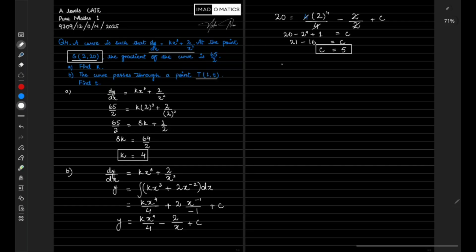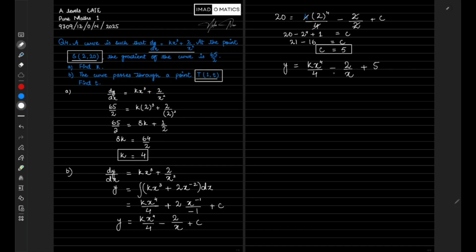So your equation will become kx to the power 4 over 4 minus 2 over x plus 5. Now they say the curve passes through the point (t, 1).